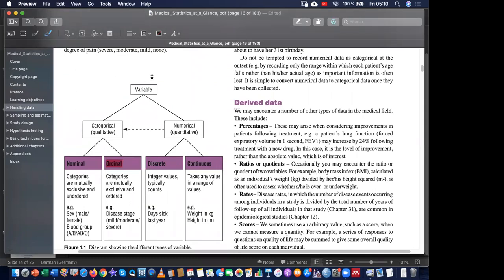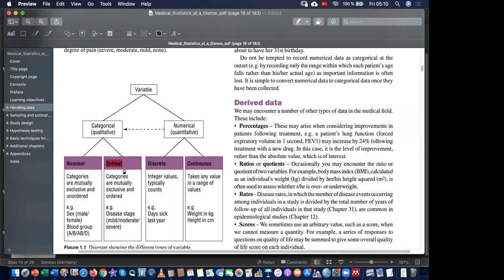A variable or data is categorized as categorical or numerical. Categorical data can be further divided into nominal or ordinal, while numerical data is grouped as discrete or continuous. So, 4 types of data.